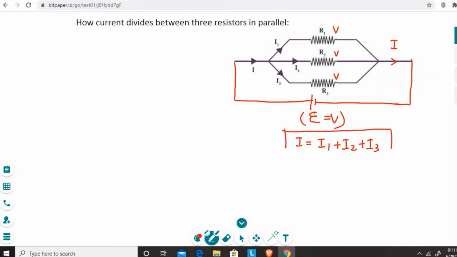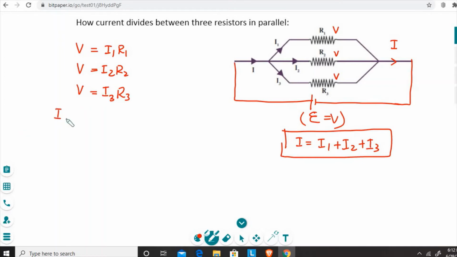That is charge conservation. And then for each branch, I can apply Ohm's law, and then I'll get V equals I1 R1, V equals I2 R2, and V equals I3 R3. And then the left hand sides are the same, so I can write I1 R1 equals I2 R2 equals I3 R3.